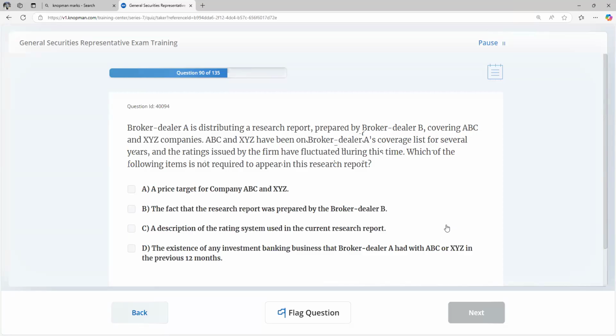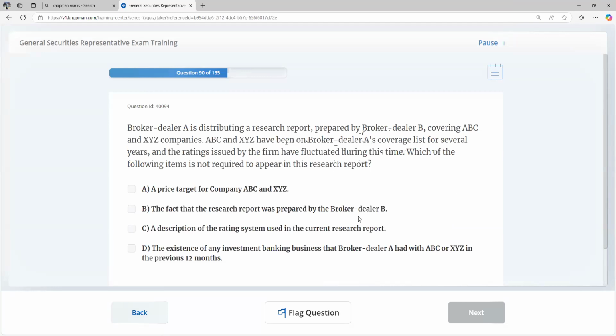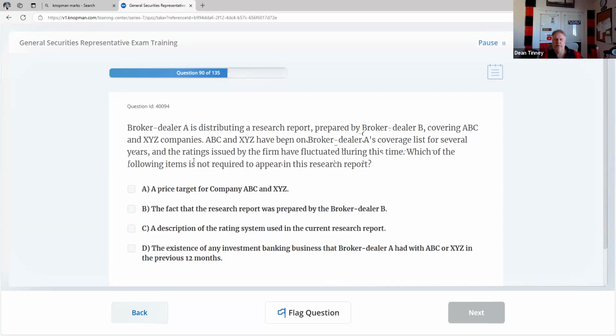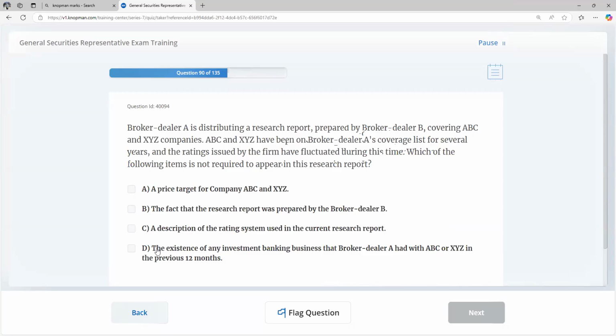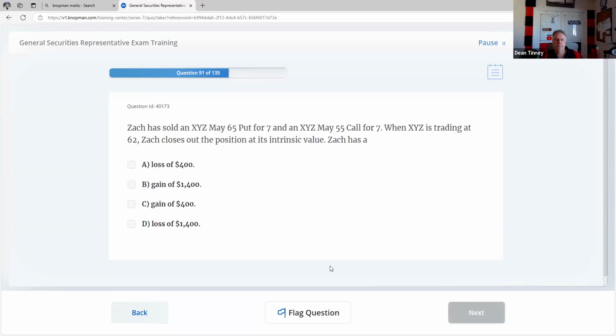I'm kind of between that one and the price target. I like that one. I think you're on the right track. Maybe it's D because you could have a price target in the research report. Yeah, you could. It says which of the following is not required. So A, you don't need it. I don't think you have to go over a price target.